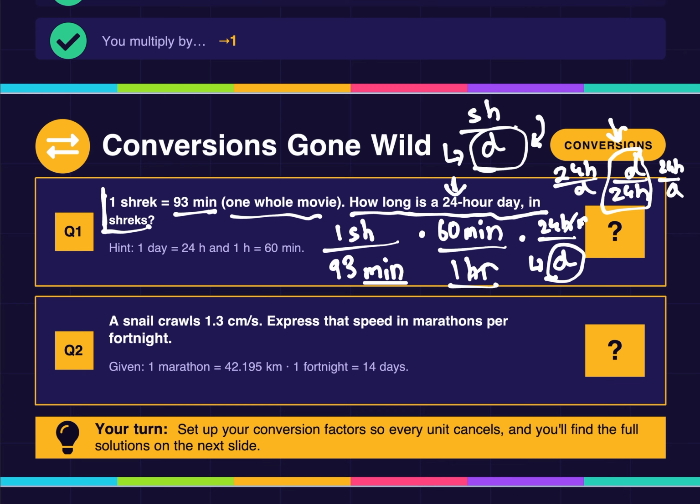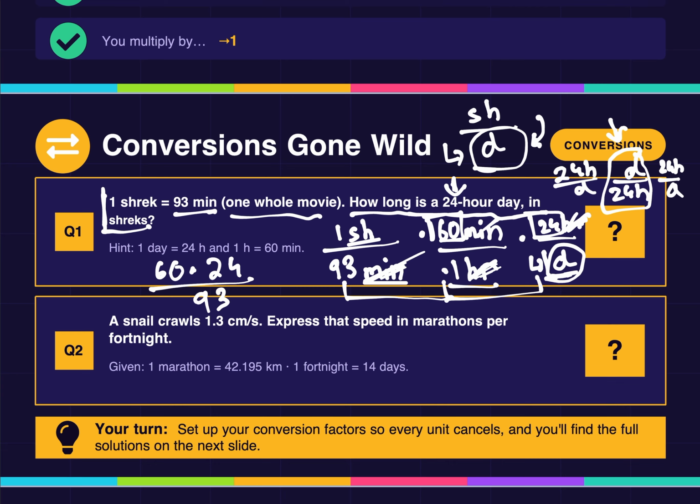Okay? So then I have my expression, right? If I just multiply, minutes and minutes cancel out. Hours and hours cancel out. Shrek is in the numerator and D is in the denominator. So I just multiply my numerators together, which is 60 times 24. And then I divide that by 93 times 1 times 1 day times 1, which is just 93.